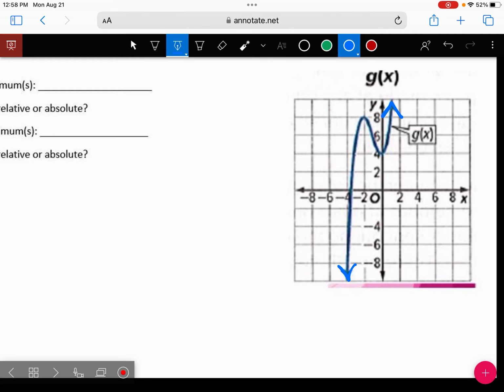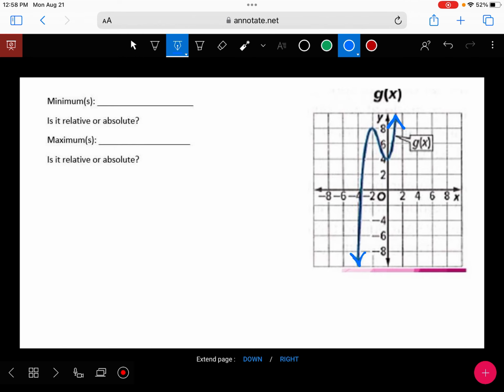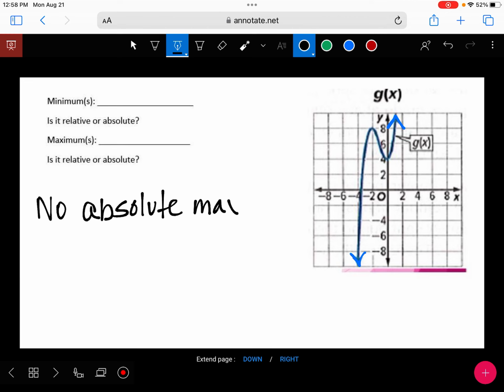So because I have an arrow that points up and an arrow that points down, I know that I have no absolute max or, I also don't have an absolute min. So this graph doesn't have either one of those because we have an arrow on one side that's going up and the arrow on the other side that's going down.